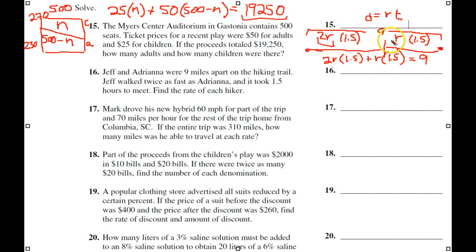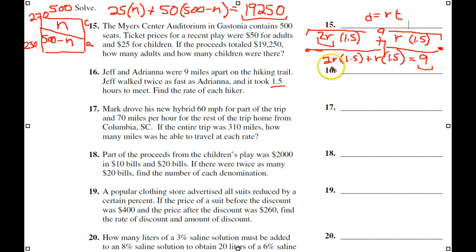This person's rate is only r. And the time that it took was 1 hour and a half. So again, it's rate times time. So there's the fast rate times that particular time, the slow rate times that time, and then the total distance that they're walking altogether is 9 miles.